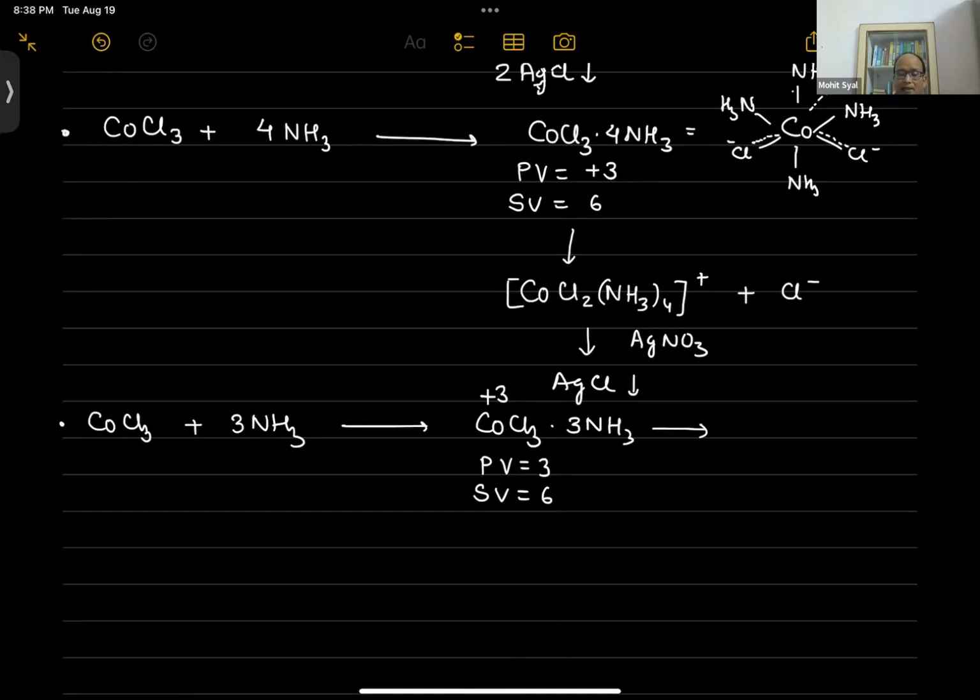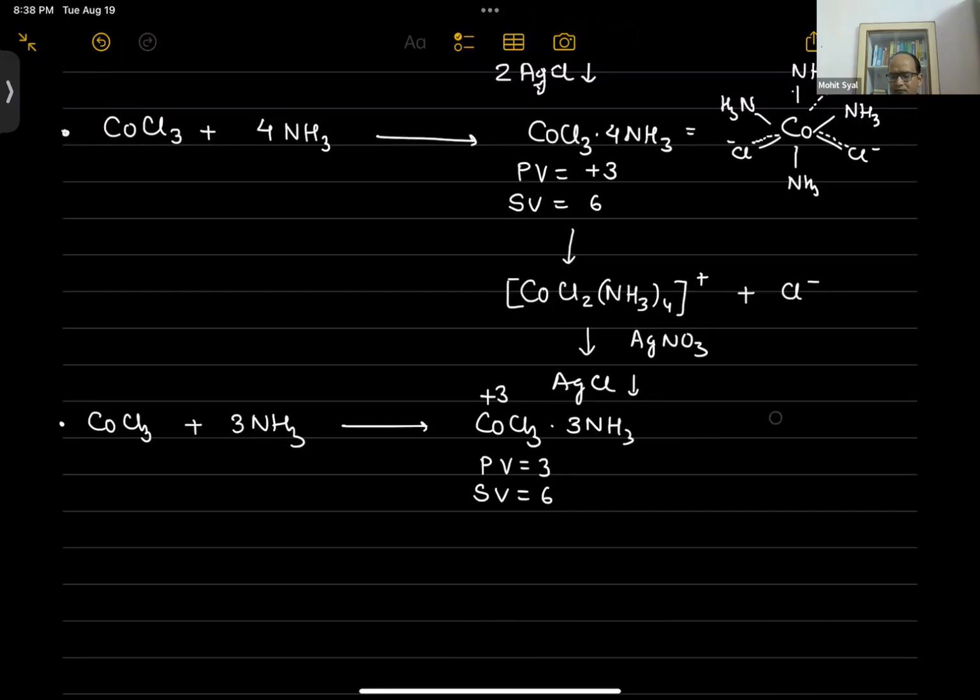So who may be forming those 6 bonds? What could be the explanation? There are only 3 NH3 molecules. So who else may be forming the rest of the 3 bonds?